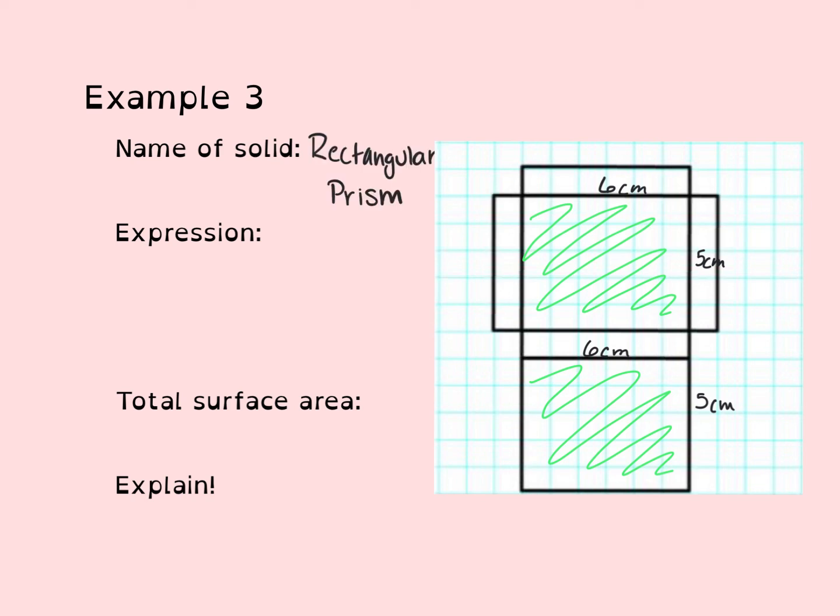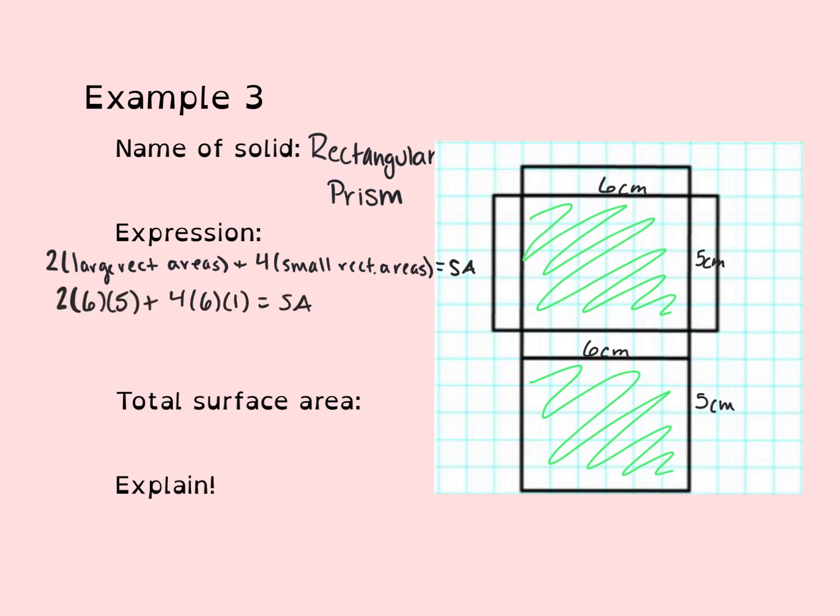To create this expression, we can write that we need 2 of the rectangular areas plus 4 of the smaller rectangular areas. So your expression should look something like this: 2 large rectangular areas plus 4 small rectangular areas equals the total surface area.